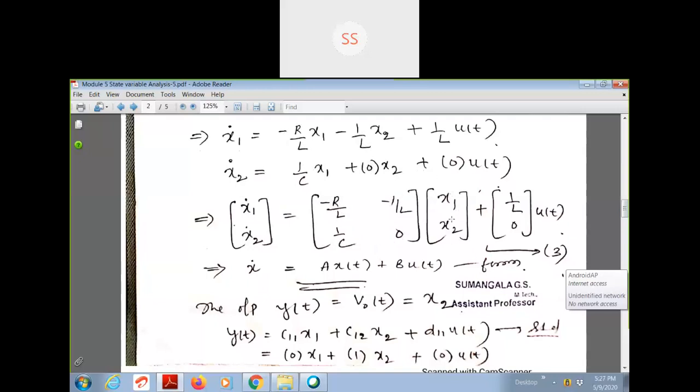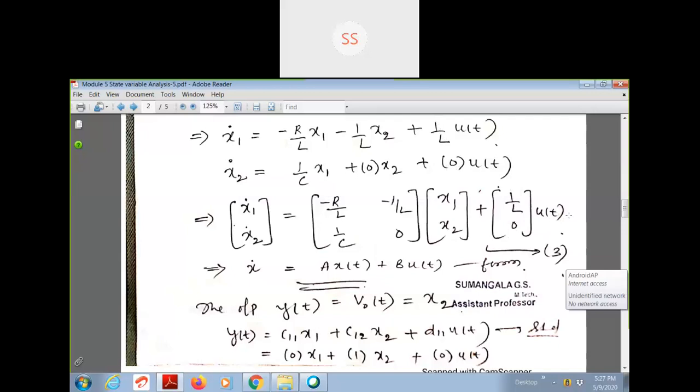Plus, we still have to write for this u of t also. This u of t has two coefficients b11 and b21, 1 by l and 0, so 1 by l and 0 into u of t.